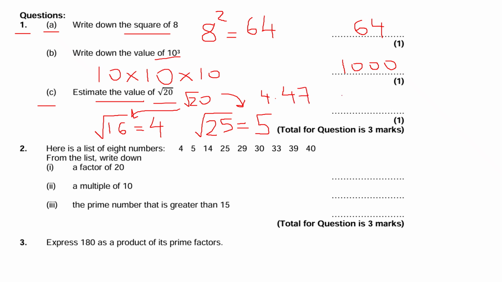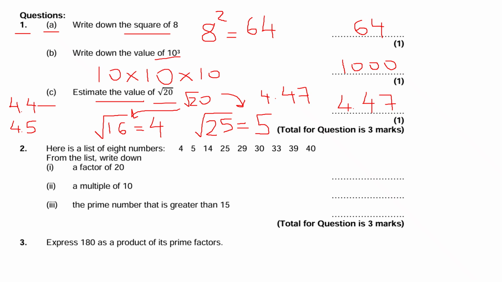So I would say between 4.4 and 4.5 as our answer. So anywhere between 4.4 to 4.5, in that region, for 1C.